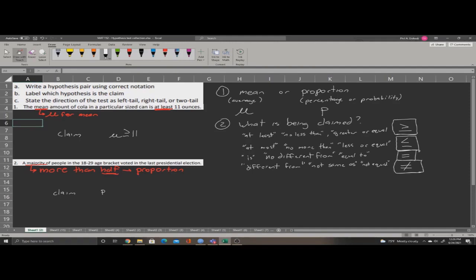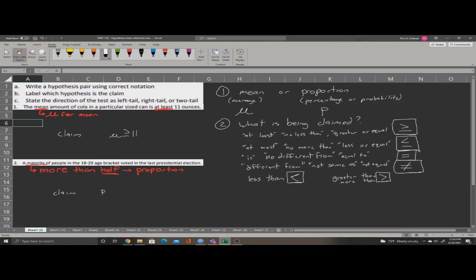Now, of course, less than won't have too many variations. The strictly less than sign is just the less than sign by itself without the underline. Greater than will simply be the greater than sign. Greater than may also be stated as more than.